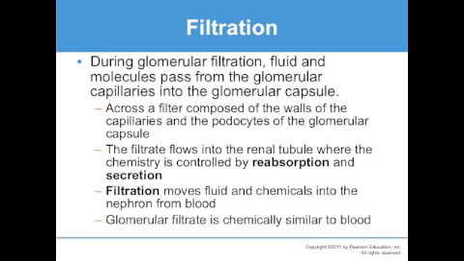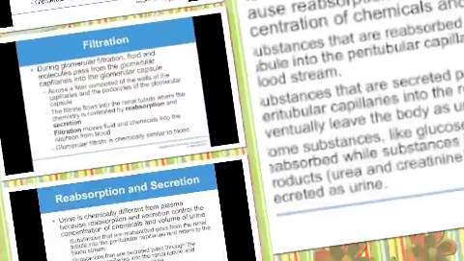Filtrate flows into the renal tubule at that point, where the chemistry is controlled by reabsorption and secretion. Filtration moves fluid and chemicals into the nephron from the blood. The glomerular filtrate chemistry is similar to that of blood.